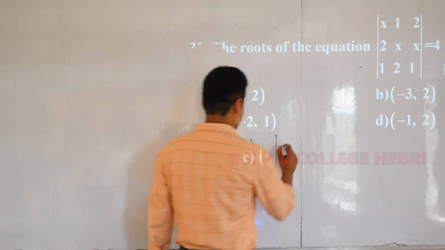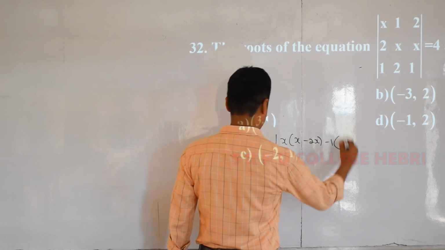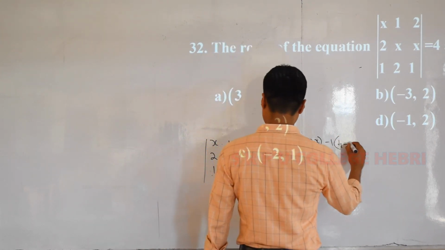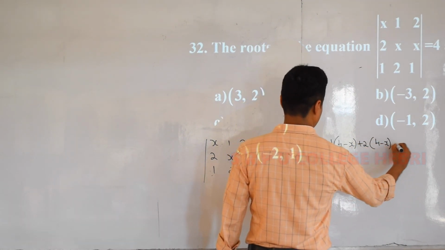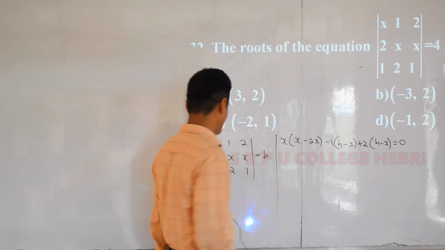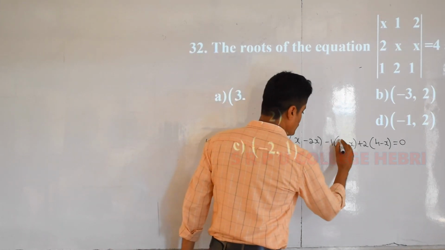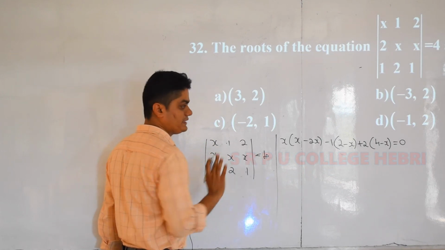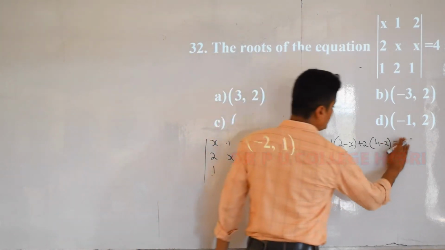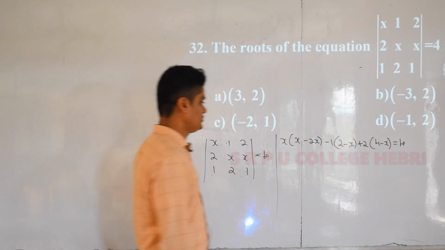When we expand, what do we get? x into (x minus 2), minus 1 into (4 minus x), plus 2 into (4 minus x), is equal to 4. Simplify this.